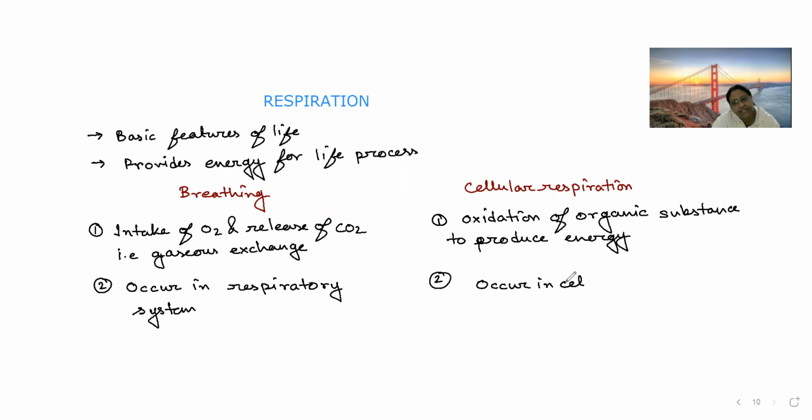Each and every cell is the site of respiration. Breathing is a physical process, which means no chemical change is there, and it is where movement of gases will take place.